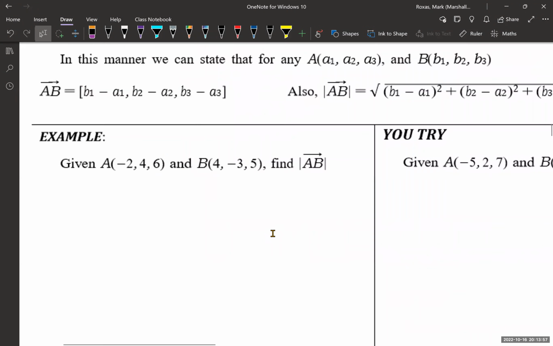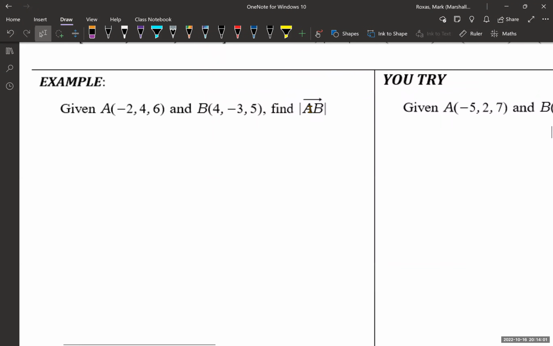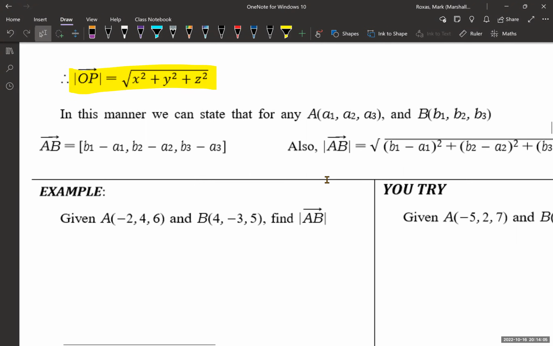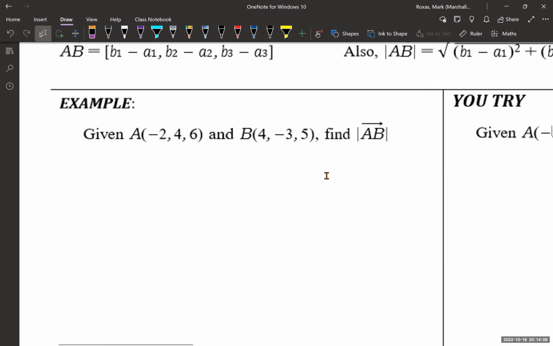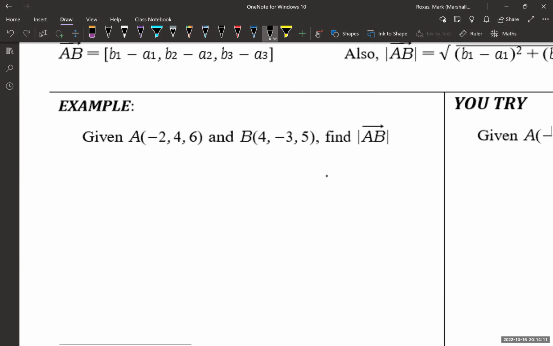So let's do some of that work as an example. So if I'm given 2 coordinate points, can I find the magnitude of A to B? So I can start by saying, well, yeah, I'm going to find the vector A to B. Okay, and vector A to B is just equal to the components, so B minus A, right?